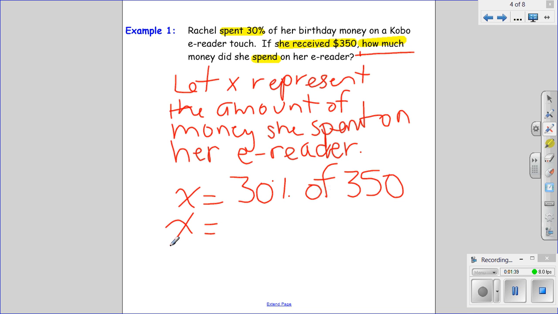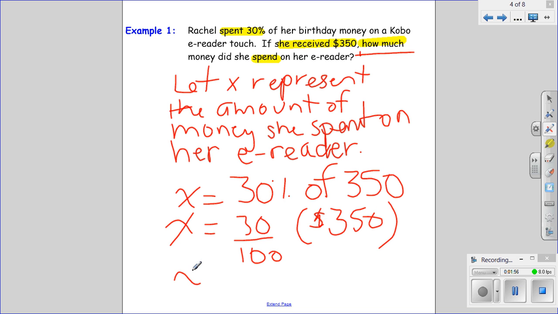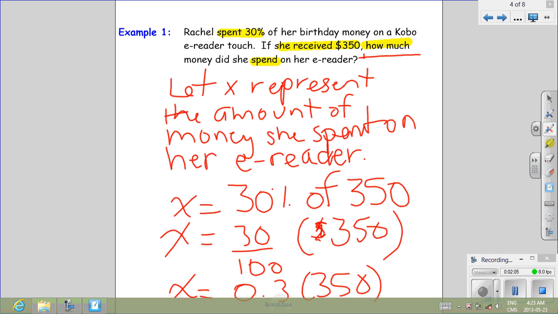We also know that we can't work with a percent as it is. We always have to switch it to a decimal. And the way to change a percent to a decimal is to divide by 100. We know the word "of" also implies that we need to multiply. So we now have X equals, we follow our BEDMAS conventions, 0.3 times 350. And that gives us 105.